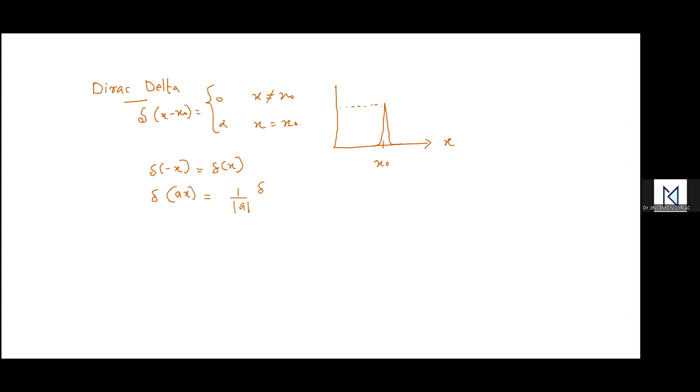Then if you take the integration from minus infinity to infinity, delta of x dx equals 1. These are the simple and major equations that we need to solve some problems. More equations are there, but at least you want to learn by heart or understand this equation, especially this one. For a constant in any function, we can take the ratio 1 by a into delta of that function.